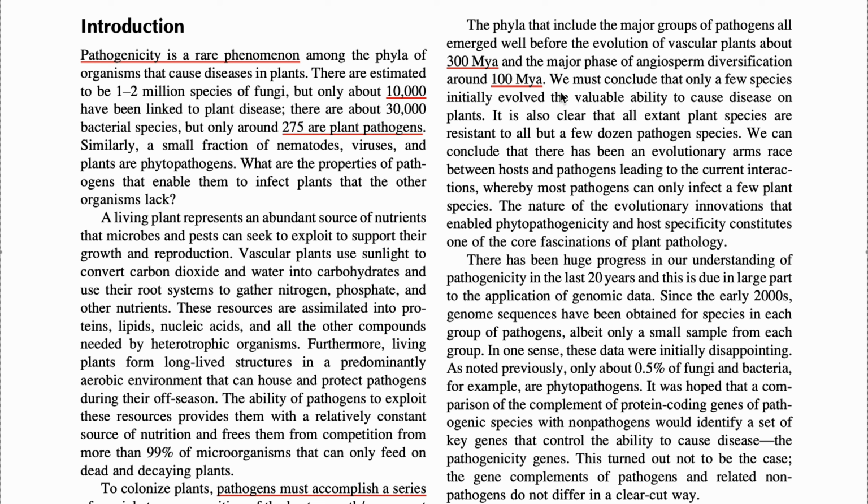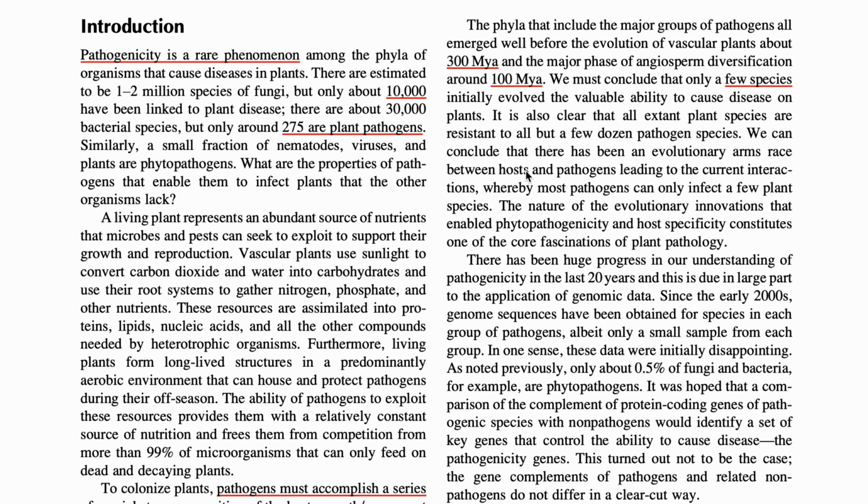Okay. So with this, we can conclude that only a few species initially evolved the valuable ability to cause disease on plants, right? It is also clear that all extant plant species are resistant to all but a few dozen pathogen species.